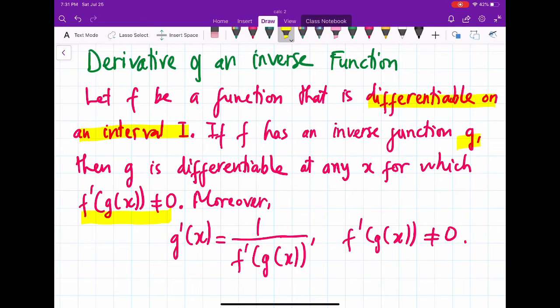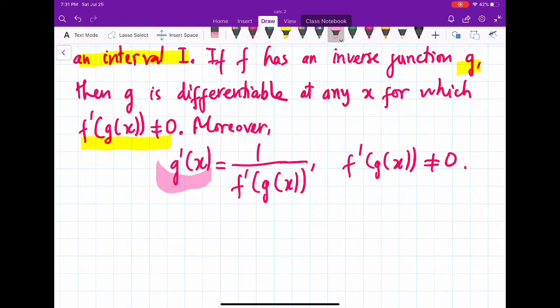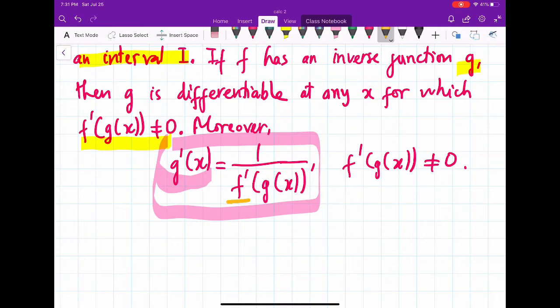And in that situation, the derivative of the inverse can be found using the following formula. That is just the inverse of the derivative of the function f evaluated at g.